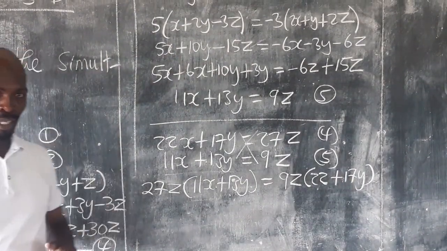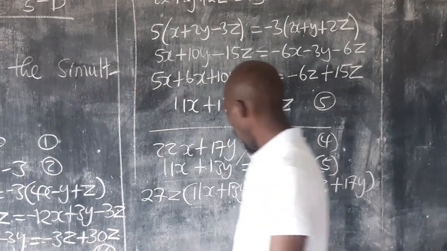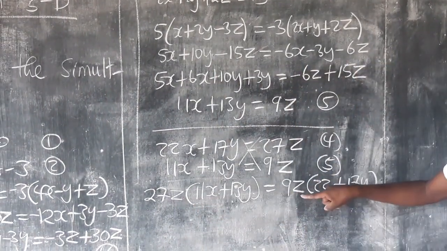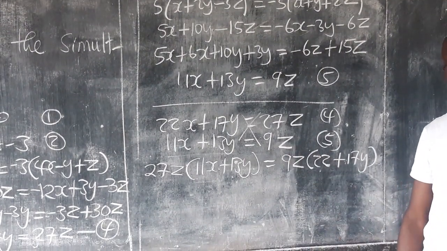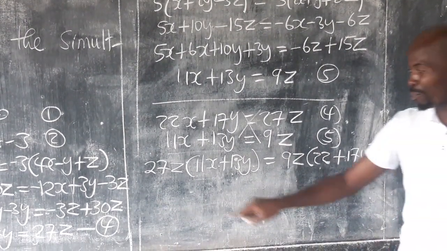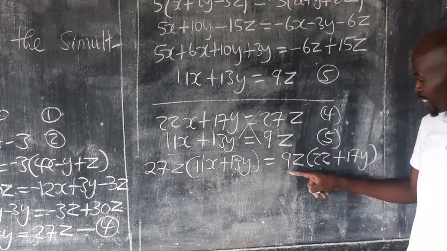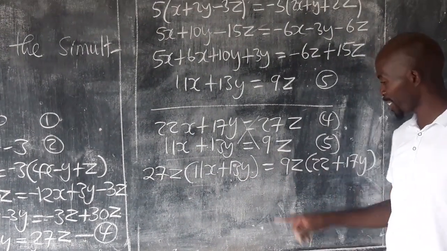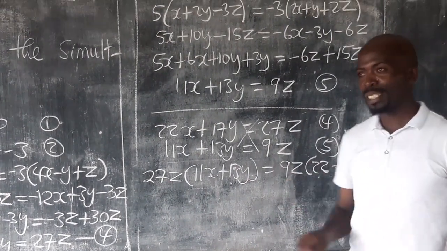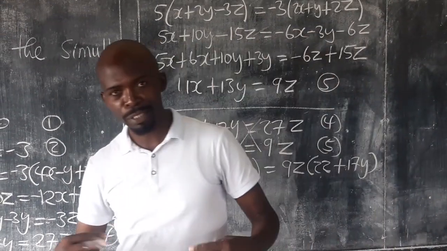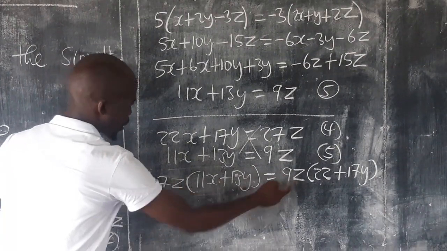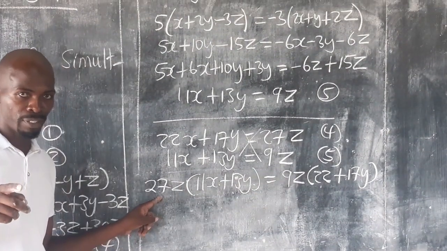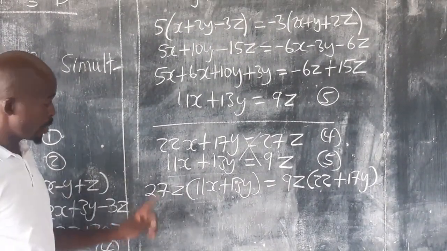Now take note that I have a z here, I have a z there, which must cancel. I also have 27 and 9 with the highest common factor of 9. So at that point, what is common outside the brackets can be cancelled. So the highest common factor of 9z and 27z is 9z itself.